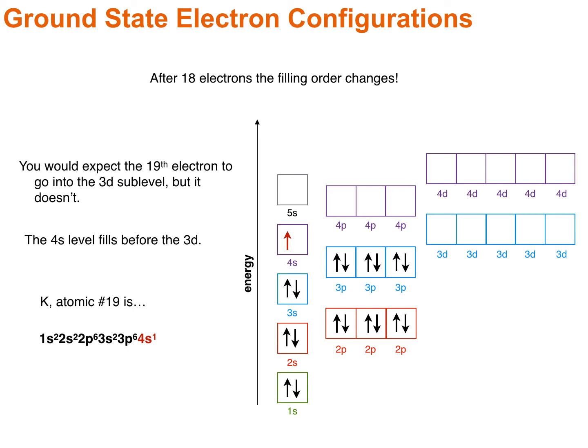Then we go one element over to scandium. Now, scandium is going to have the same electron configuration as calcium, with one more electron. So where is that electron going to go? That electron is going to go in the 3d because the 4p is higher in energy than the 3d.